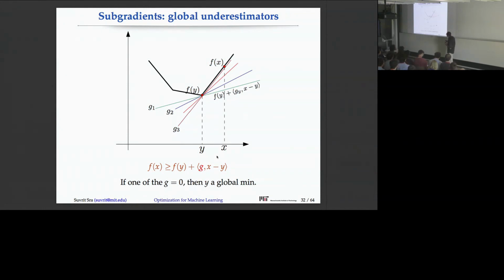And as you rotate those subgradients, if at a given point you manage to find some g vector which is 0, that point has to be a minimum again. So that's basically it. You manage to extend the notion of gradients to subgradients.